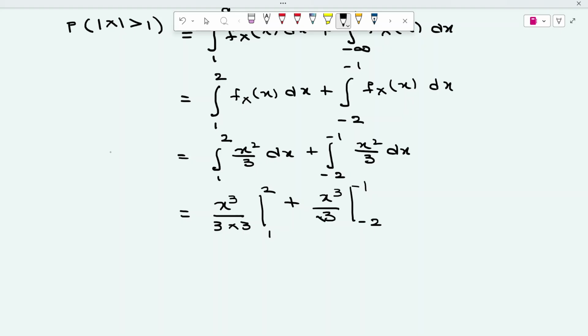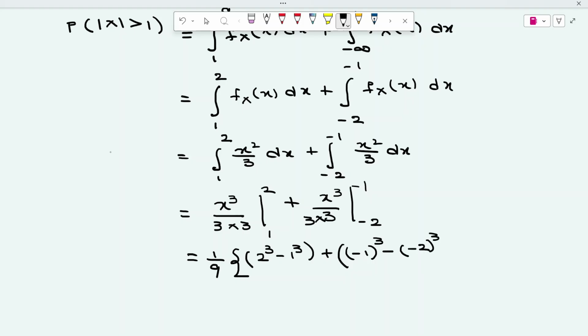Sorry, here there will be one more 3, so 1 by 9 you can take outside. Upper limit is 2, so 2 cube minus 1 cube plus, here if you substitute the upper limit, it is minus 1 whole cube minus of minus 2 whole cube, the lower limit being minus 2.